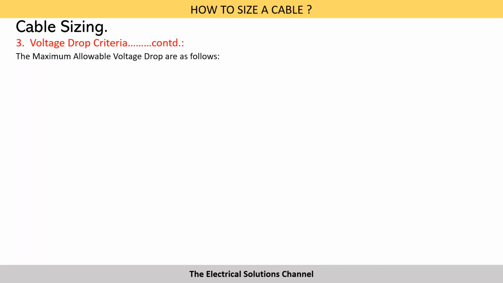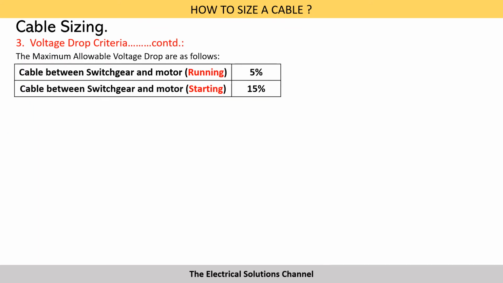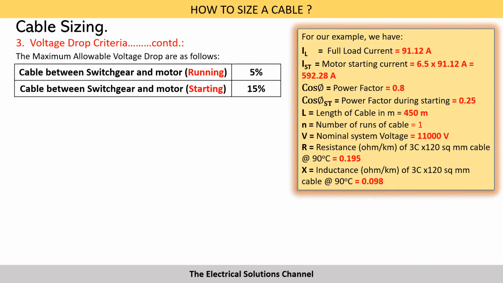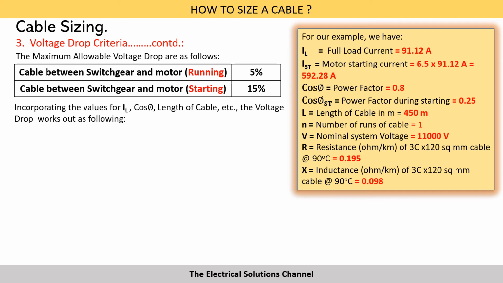The maximum allowable voltage drop for the cable between the 11 kV switchgear and the motor under running and starting conditions are considered as 5% and 15% respectively.